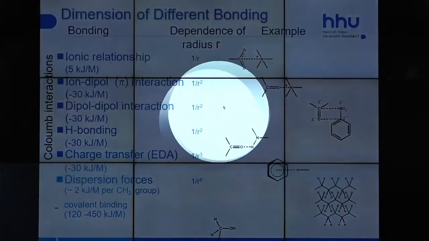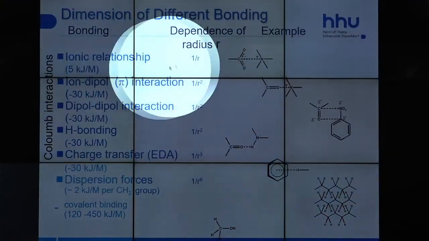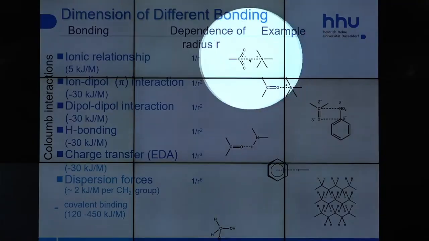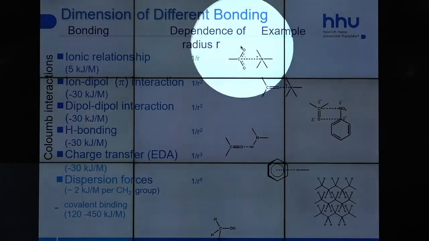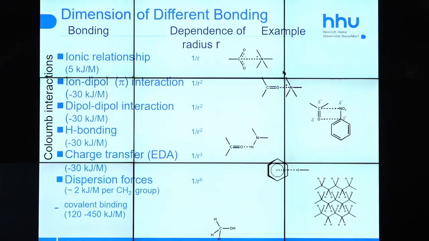For example here, if you have the ionic relationship, it's a strong relationship over a long distance, and the carboxylic acid with the ammonium group, they are directly interacting with the structure, and that is a long distance relationship. If you then do not have it, there is also a very specific kind of dipole-dipole interaction.